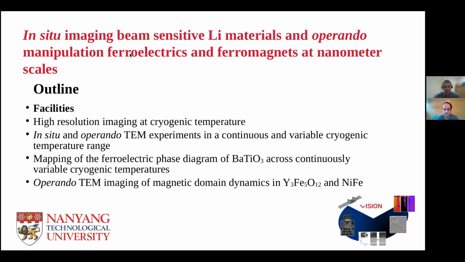This is my outline. I will first introduce the facilities that are available at NTU and particularly at MSE. Then I will present which type of high resolution imaging we can do at cryogenic temperature and how we use this type of imaging to solve a materials science problem.